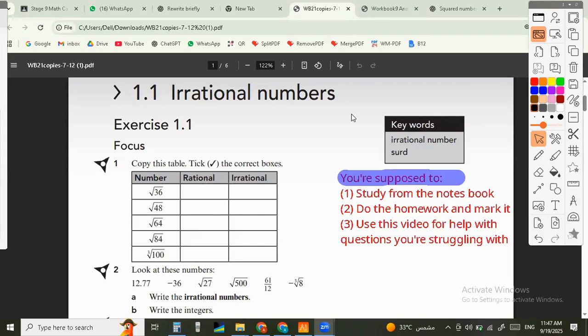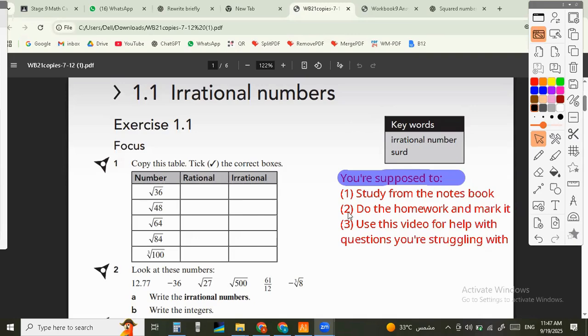In today's video, we're going to discuss the questions in the workbook, lesson 1.1, irrational numbers. Remember, this is not the first thing you're supposed to be doing. The first thing you should do, before doing this homework or watching this video, is study from the notes book.